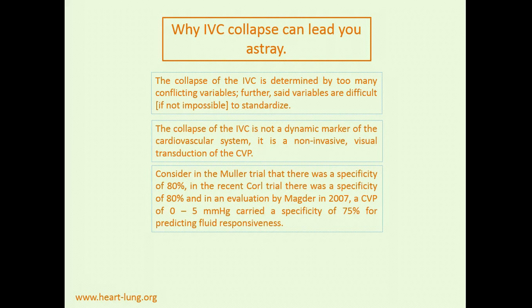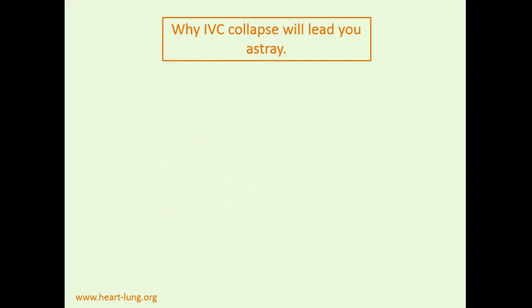So the data is actually surprisingly consistent in these groups of patients, which were of varying populations, but some were in the ICU, some were in the ED, some were receiving mechanical ventilation, some weren't. So it's not entirely disparate here, and it tends to corroborate the idea that the IVC collapse is a surrogate of the CVP.